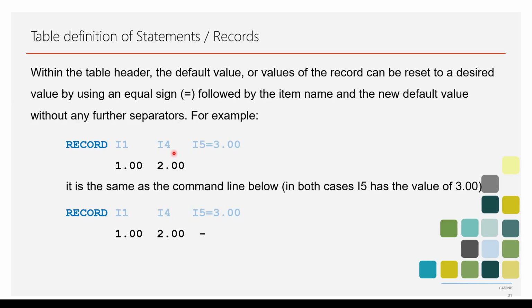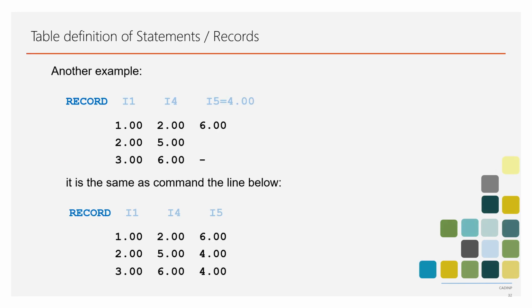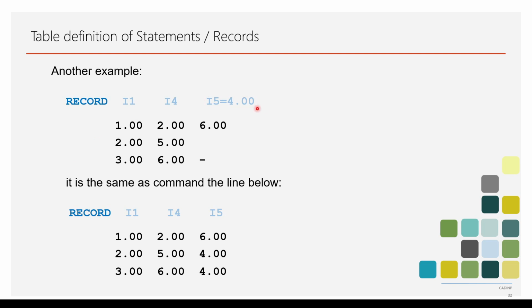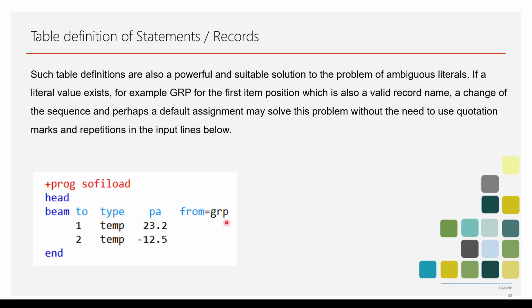Within the table header, the default value or values of the record can be reset to a desired value by using an equal sign followed by the item name and the new default value without any further separation character. Please notice in the example shown that the reset default value of item 5 can still be overwritten by an explicit input value. Using table definitions can be an effective solution to avoid ambiguity in the input language.